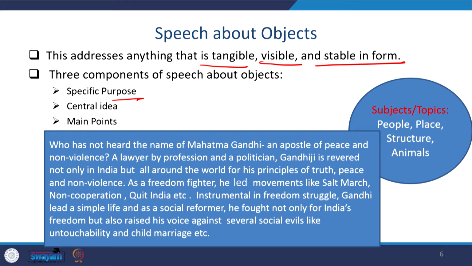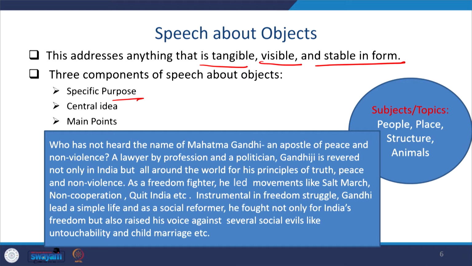The specific purpose is to inform the audience about a person, about a place, about some object, about some animals. Then will come the central idea, where you will develop the core idea of the speech, and then will come the main points. Here you can have a look at how a speech on a very important person can be crafted.